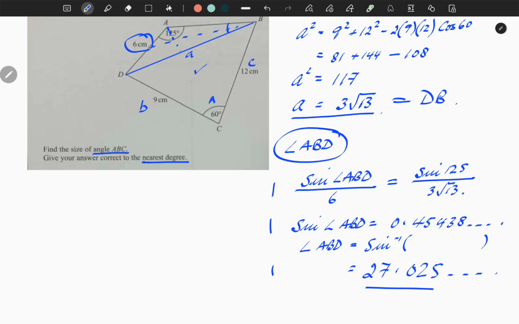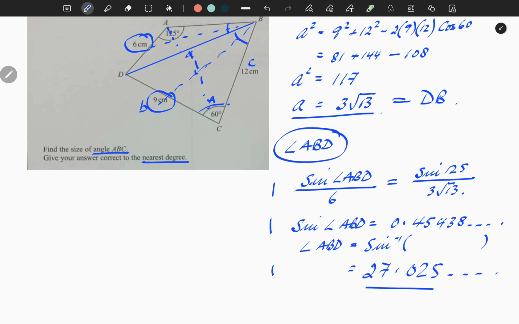We're going to do exactly the same thing now for angle CBD, which is this one here. That one relates to the side with length 9 centimeters, and again, the DB that we found right at the beginning, the side that's 3 root 13, relates to the angle at C, so 60.